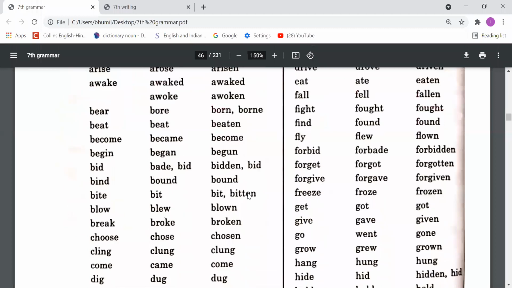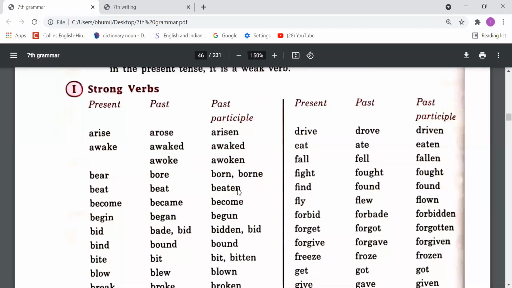So these are the strong verbs, like arise, arose, arisen. Arise means to get up. Awake, awaked or awoke, awaked or awoken also. Bear, bore, born: to bear or to give birth. Beat, beat, beaten: to beat someone. Become, became, become. Begin, began, begun: to start.